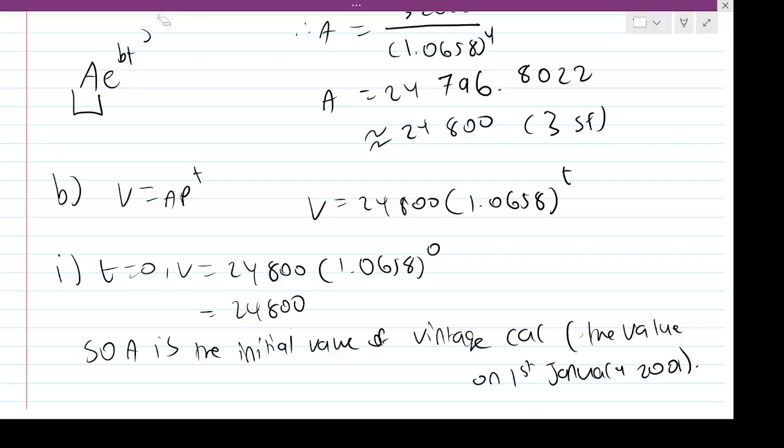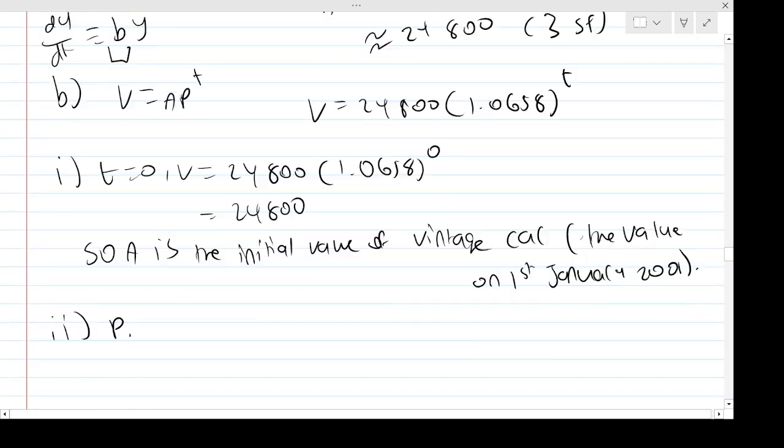If we were to differentiate A e to the bt, so if Y is this, then dy/dt is going to be B lots of Y, because the B comes in front. So the B is a factor of the rate of increase, the factor for the derivative. And that's the same here.